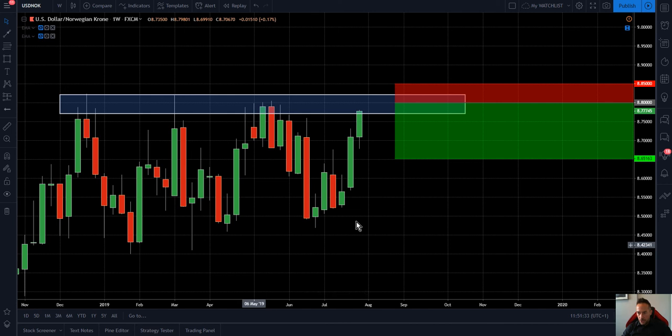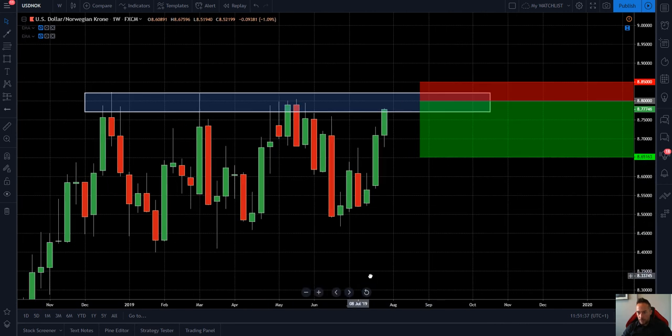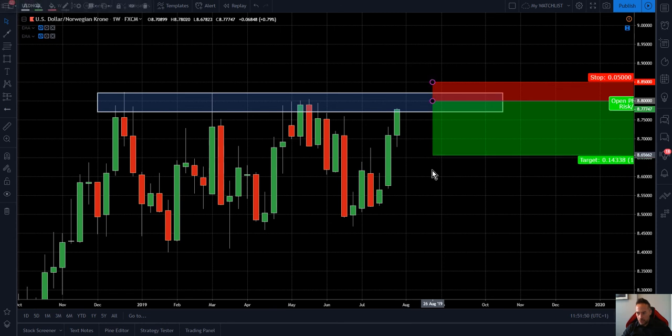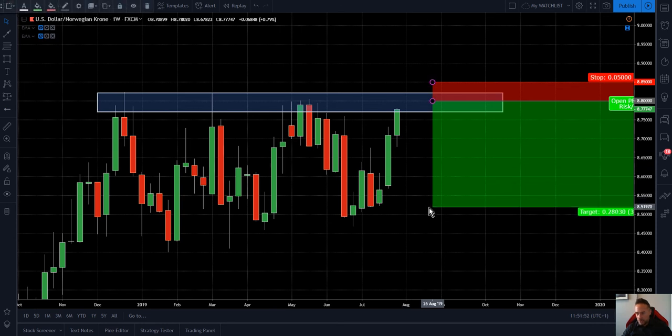And then you could look to trade it back to this weekly range. 8.45 is quite significant here, but more recently we haven't tested it, so we could just perhaps trade it down to these lows here.